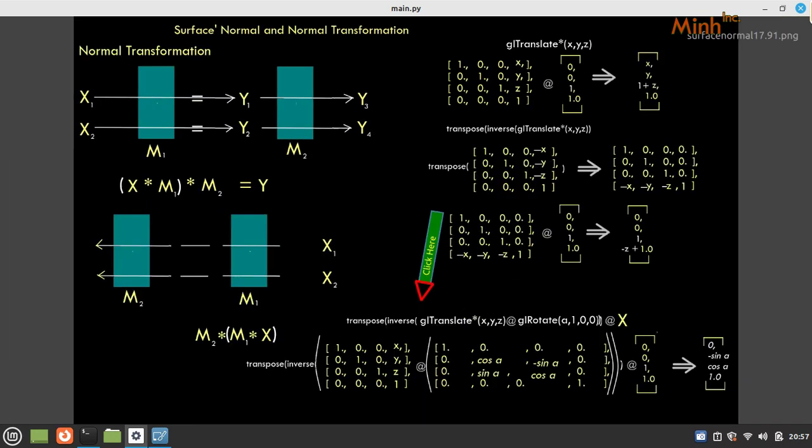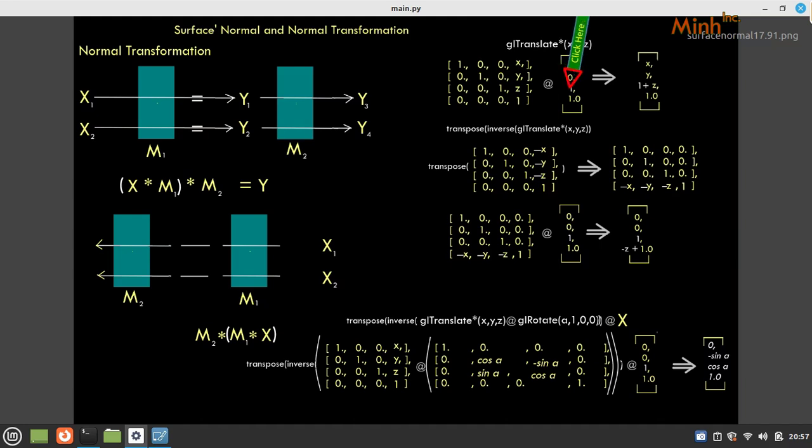Anyways, now let's move to how the normal would get transformed. Okay, now I have input of 0, 0, 1. How would the normal get transformed? So this is the normal.